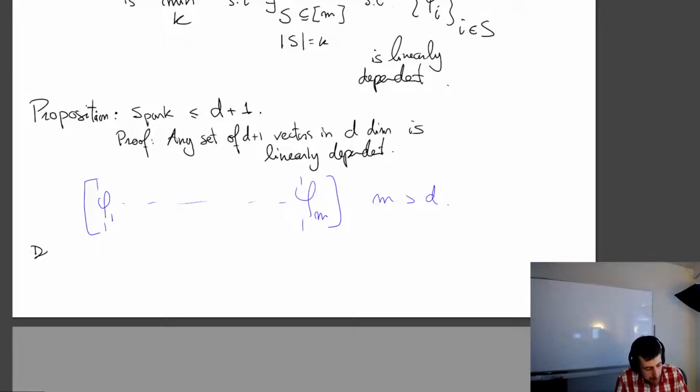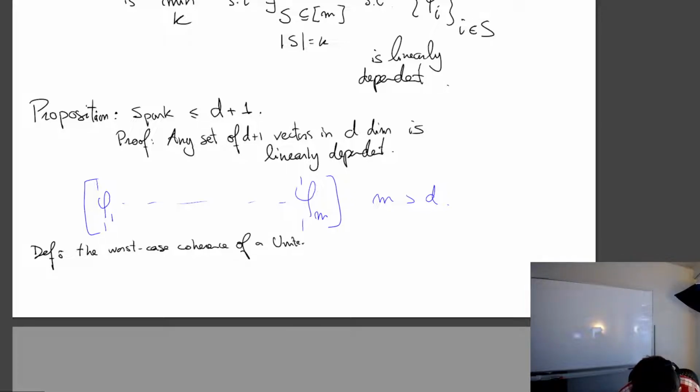Another definition, which makes most sense for unit norm frames: the worst case coherence of a unit norm frame is mu, equals the maximum over all k different than L of the inner product of phi k, phi L.